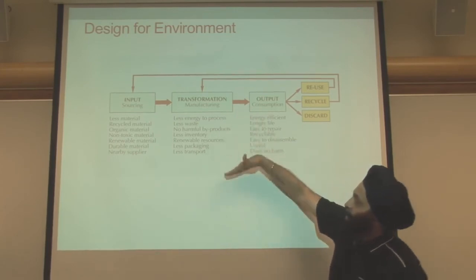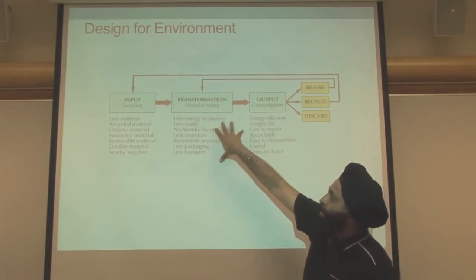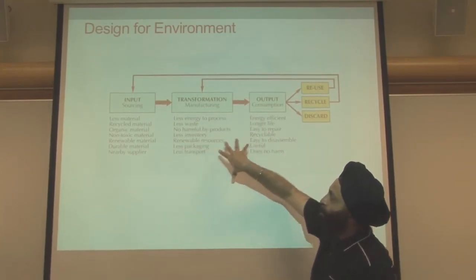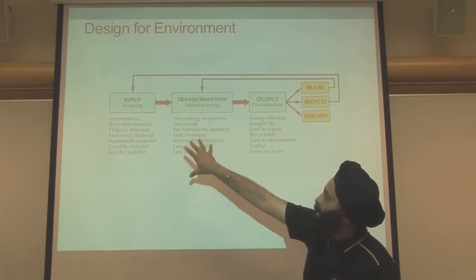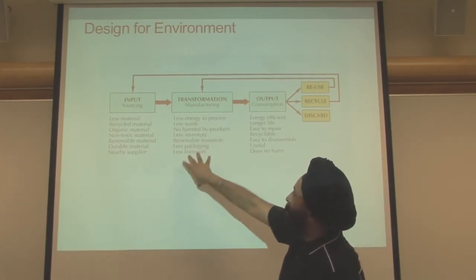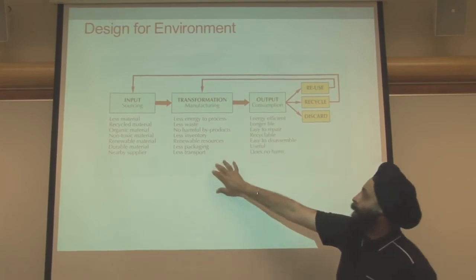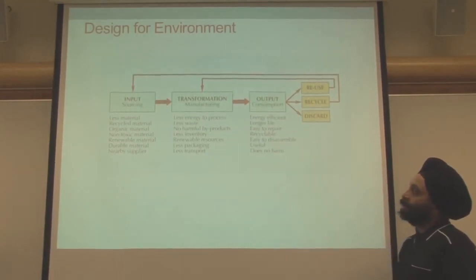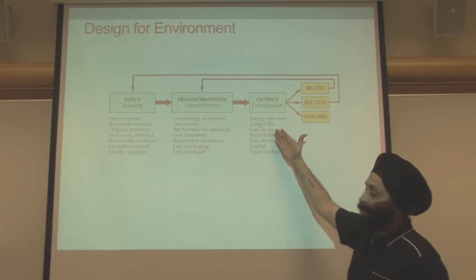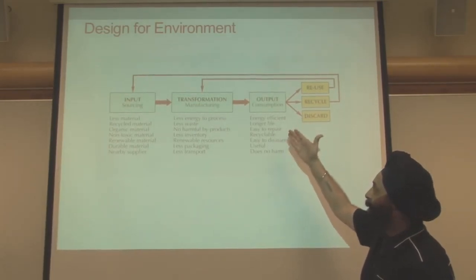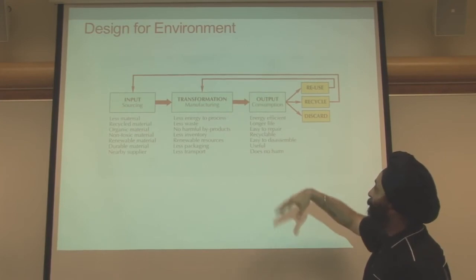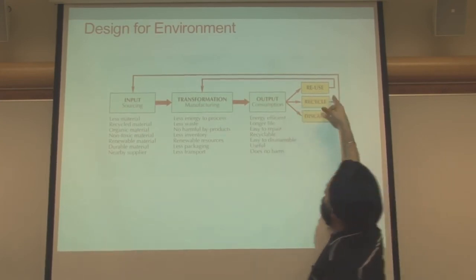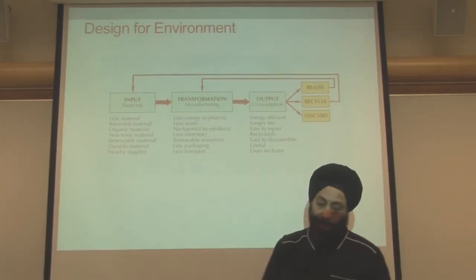And then you have less use of energy during transporting as well as manufacturing the product. So lower carbon footprint as well as energy efficiency during consumption of the product, longer life so it doesn't have to be replaced that often, easy to repair, recyclable, etc. And if possible, have closed loops going in.